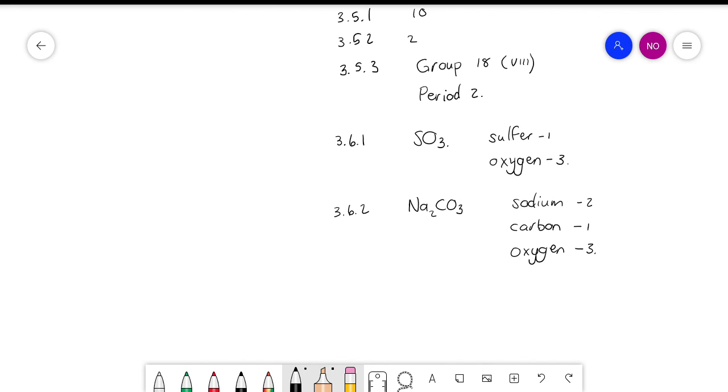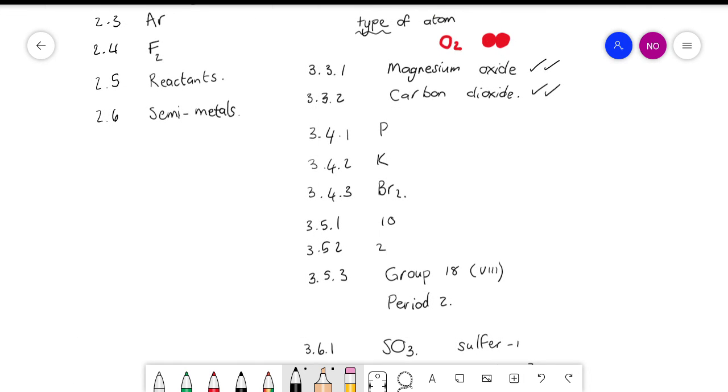What did you write? You take away 1. I wrote monoxide. Because it's not monoxide. It's magnesium oxide.